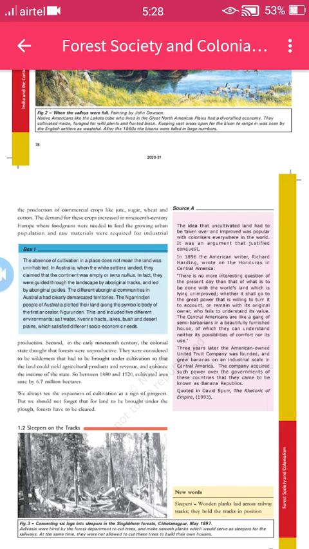So the demand for that production increased in the 19th century. In Europe, food grains were needed to feed the growing urban population, and raw materials were required for industrial production. They gave importance to growing those.